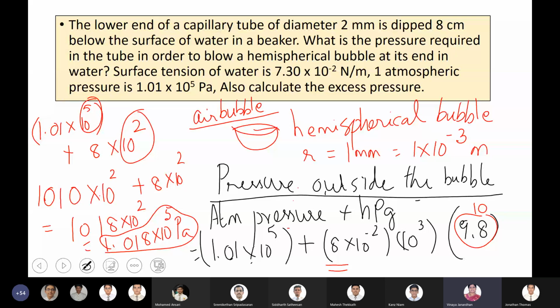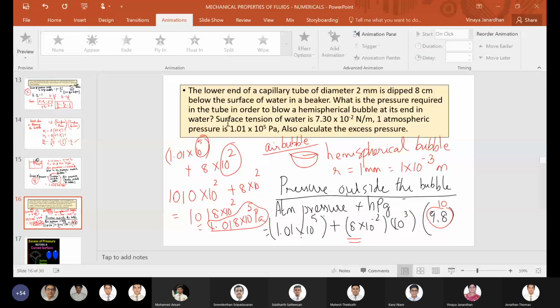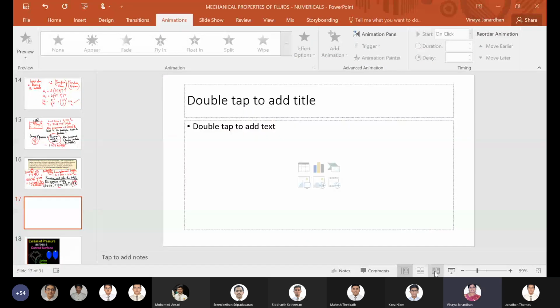Now this is an air bubble inside a liquid. So it has only one free surface. So excess of pressure will be 2T divided by R. Can you find that, boys? Excess of pressure. Shall I go for the next slide? What will be the excess of pressure inside the bubble?